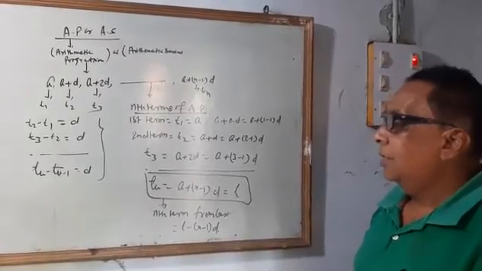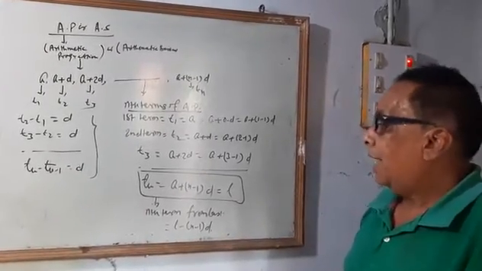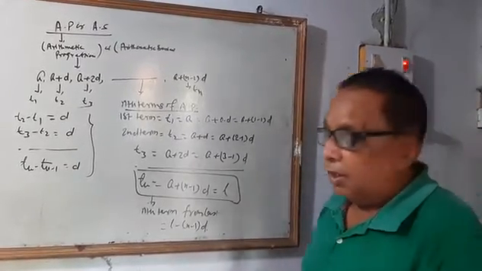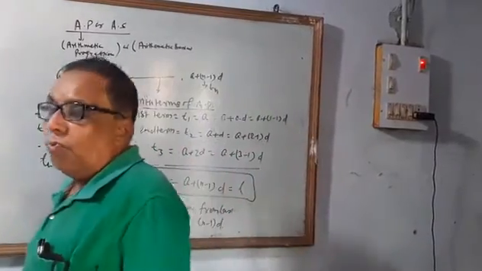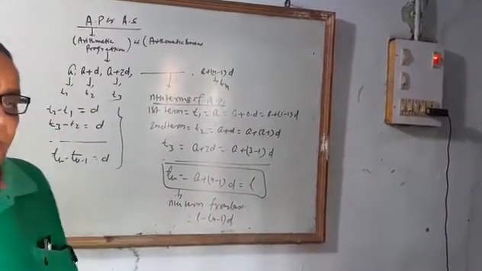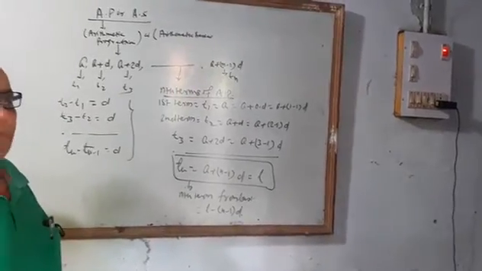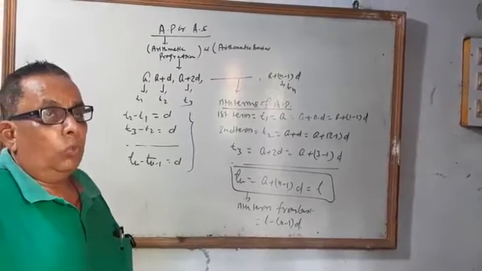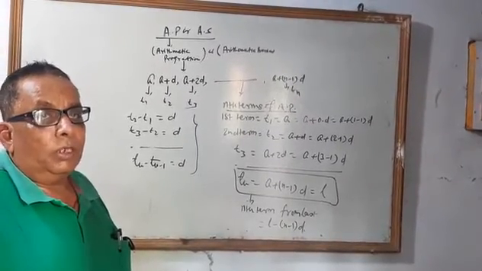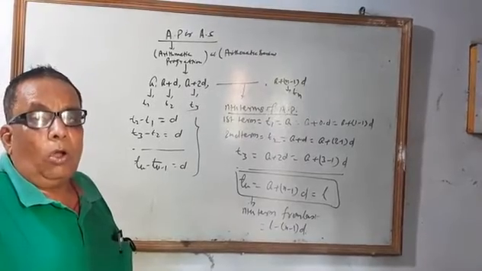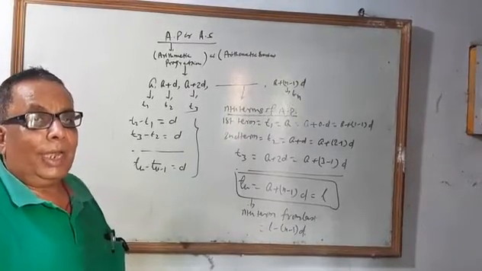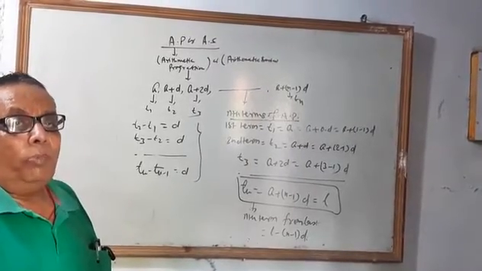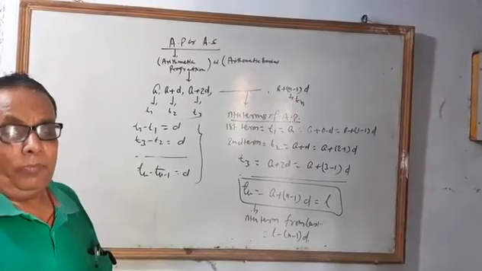AP has four types of problems. The first is, given a sequence, you have to find out whether the given terms are in AP or not. Second, problems based on nth terms of AP.